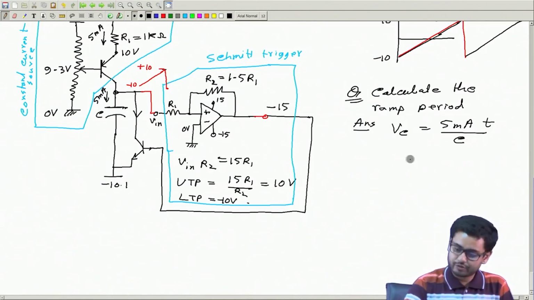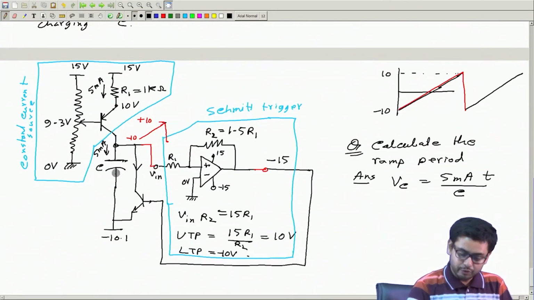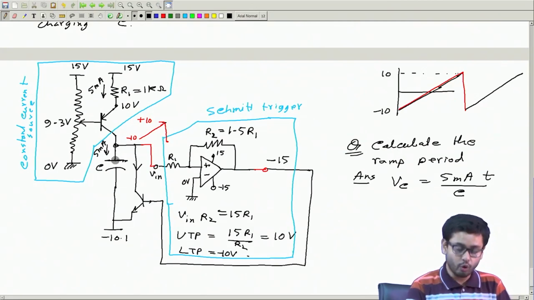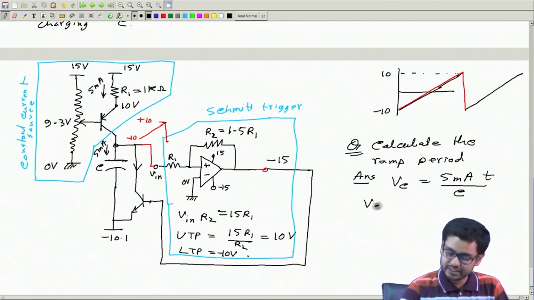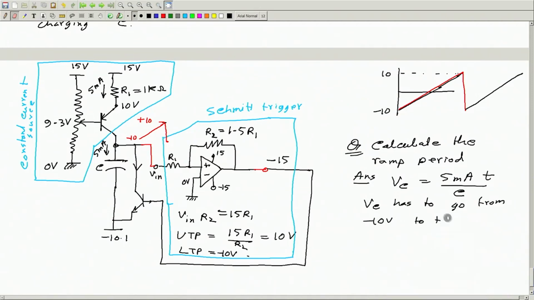And from this we know Vc has to go from -10 volt to +10 volt, which means if this is my time period T, in this period the total change is 20 volt.